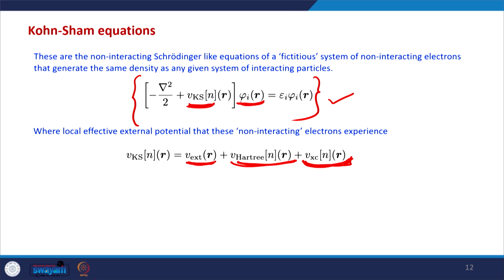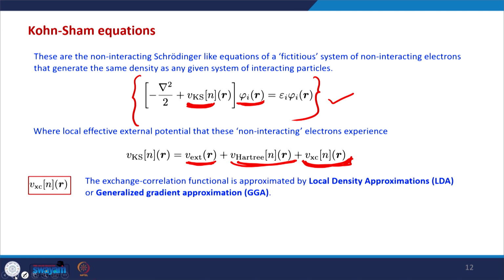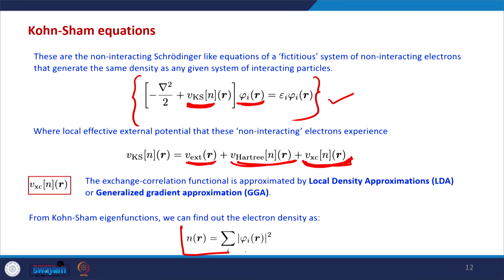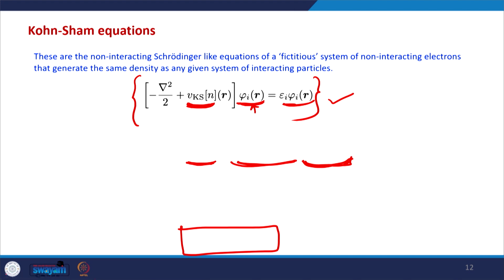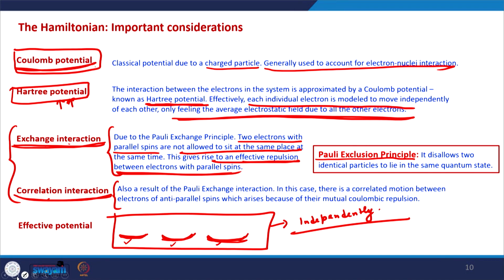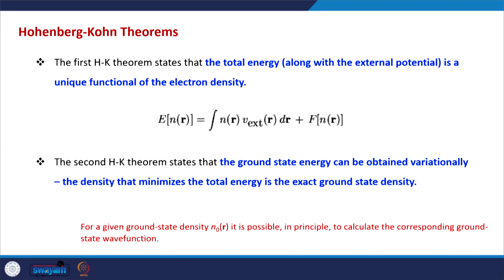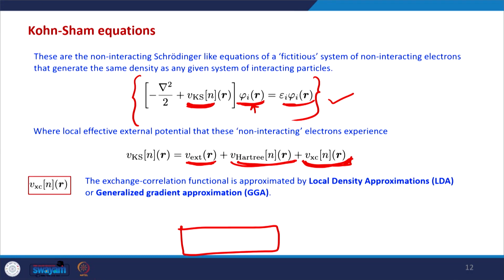If we consider this Kohn-Sham potential properly, then the electron density can be calculated from the orbitals phi, the solution of the Kohn-Sham equations, in this way. The key point here is that this Kohn-Sham potential needs to be properly accounted for, and this effective potential that we discussed is essentially the Kohn-Sham potential. So this is what we need to properly find out, and it has three components.